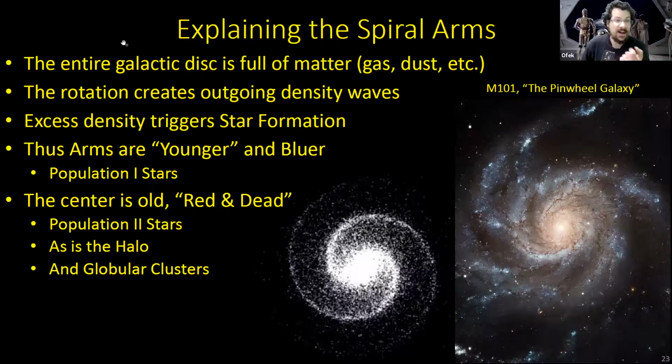But the young ones, the population 1 stars, the heavy element rich stars, will be forming on these, what looks to be the spiral arms, but are really the result of density waves. And I think Yehu will give you a homework exercise exactly on this topic.